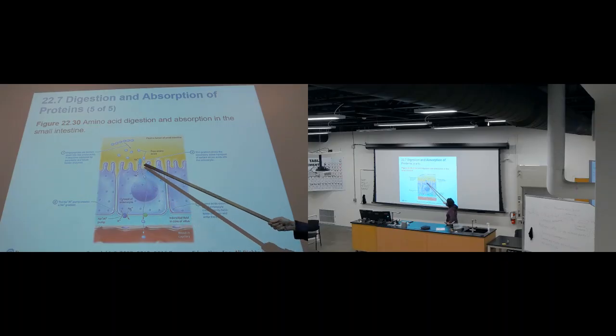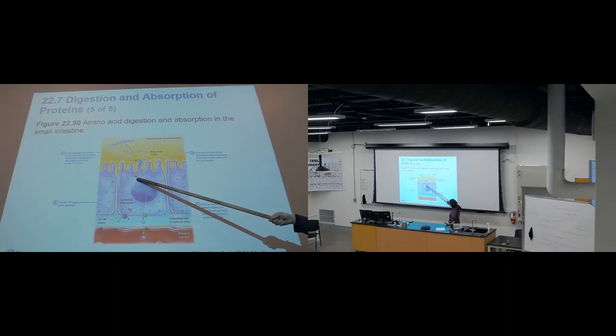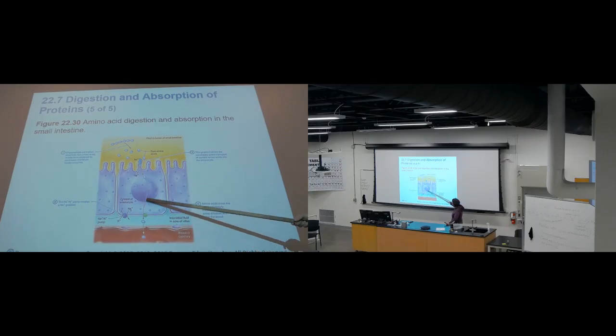And then your free amino acids will be co-transported with sodium in the apical site. So this represents this microvilli. And then these amino acids will diffuse through the cells. This is the cytoplasm of the enterocytes.